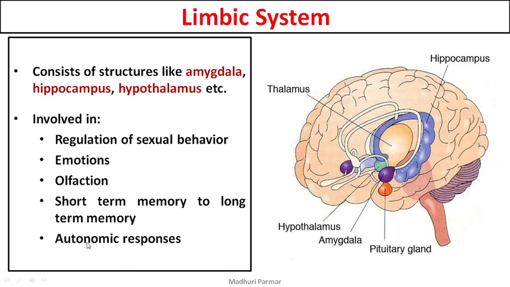Mostly they are related to sight and hearing. So if you hear a tiger roar, then you get afraid, right? So that relation is here. Then if you see a lion and you get afraid, those autonomic responses are maintained by your hypothalamus, by your limbic system.